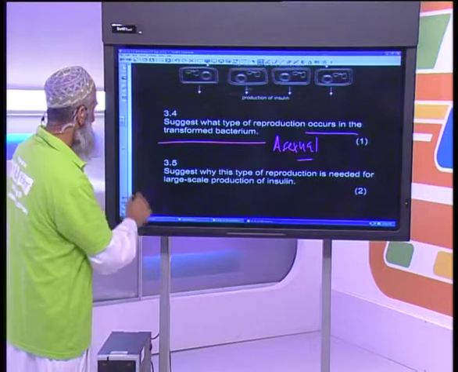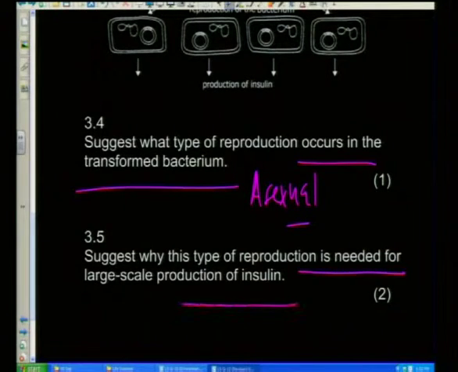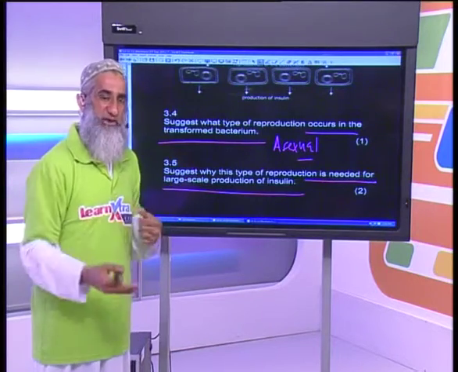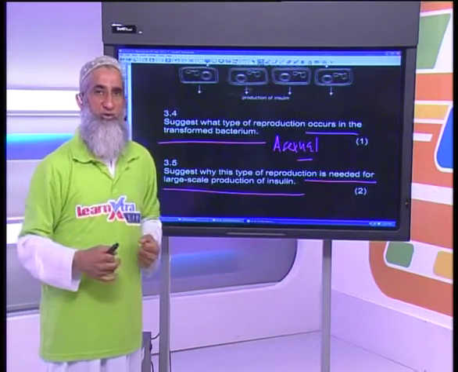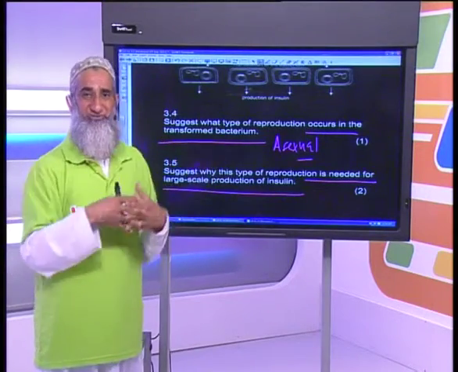But it's asexual. Suggest why this type of reproduction is needed for the large-scale production of insulin. We want insulin. What insulin? The insulin that is found in humans. We want to use that insulin. Can sexual reproduction take place here? No, because when sexual reproduction takes place, a variety is introduced.